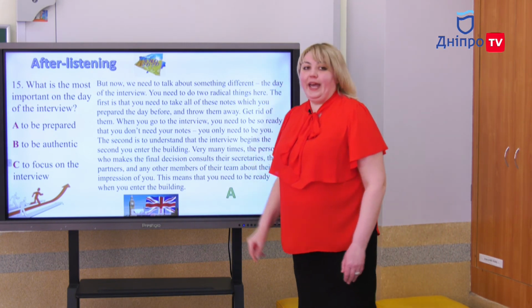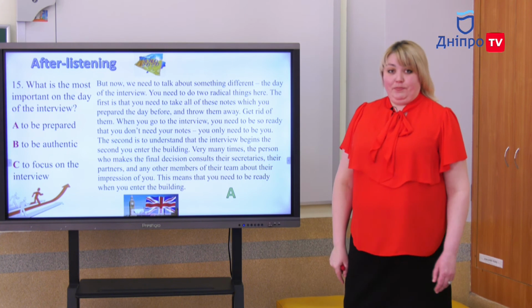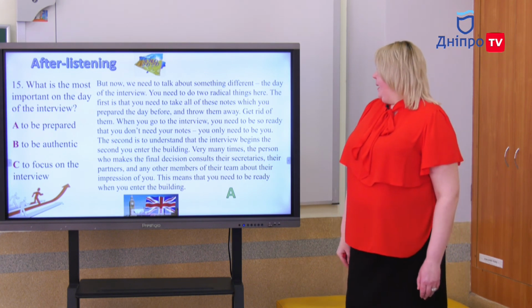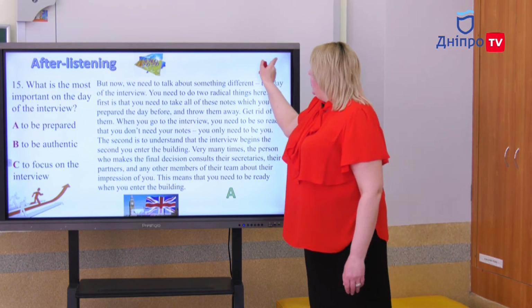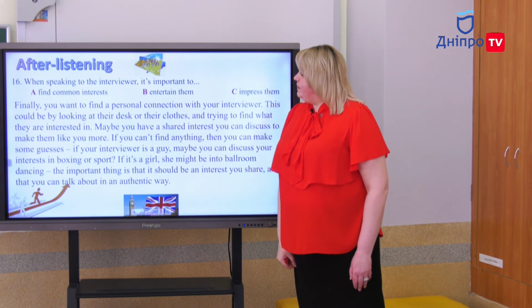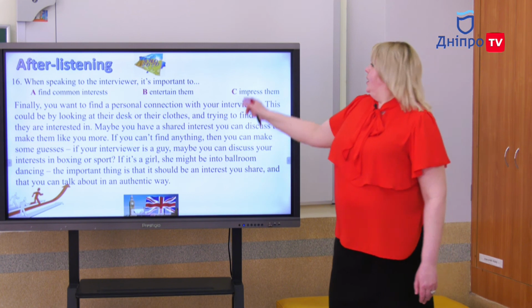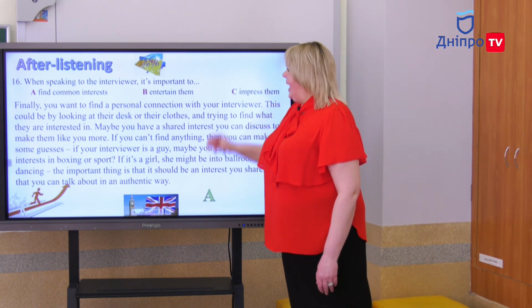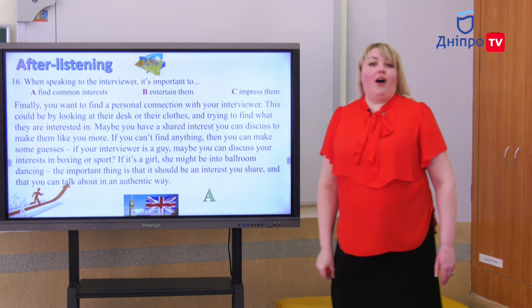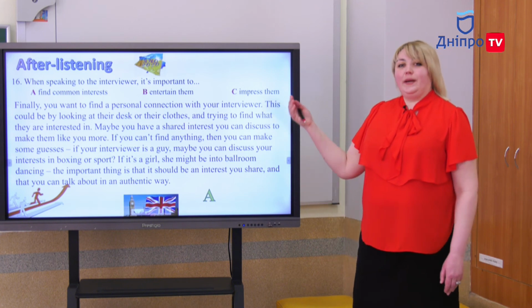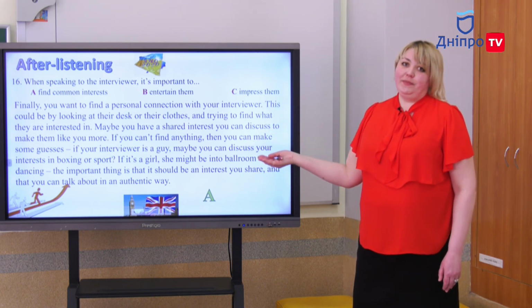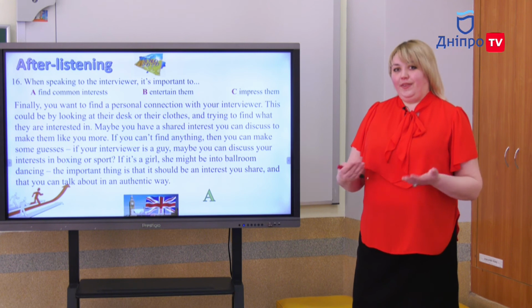I'm sure you got answer A, to be prepared. And the last one here is, when speaking to the interviewer, it's important to. I bet you chose answer A, find common interests. There were some hobbies, pastimes mentioned to talk about with the interviewer.